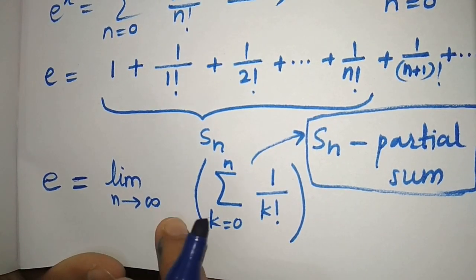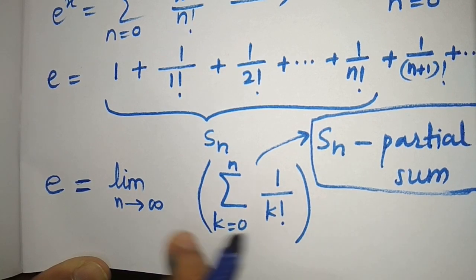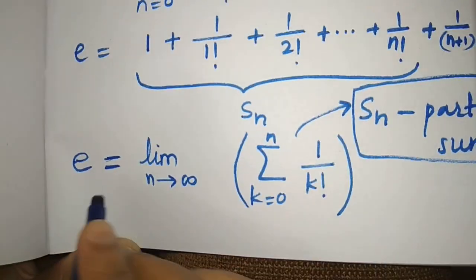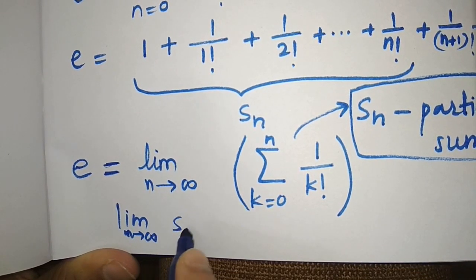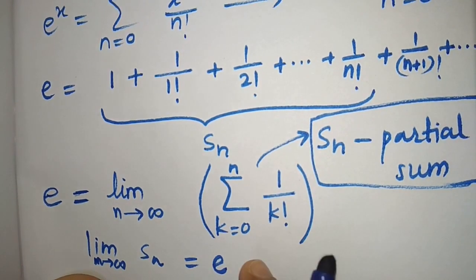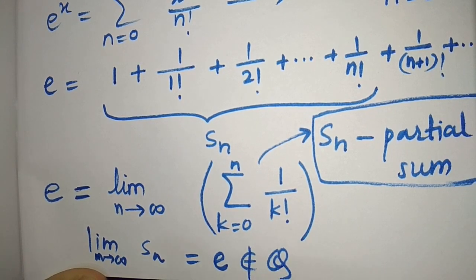And when you take the limit, we get the sum of the series, that means the limit of this sequence Sn. So the limit of Sn is equal to e.